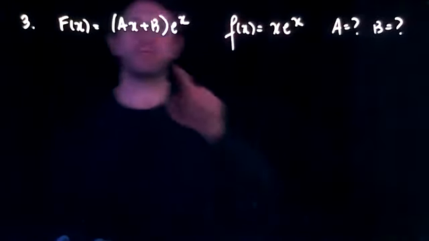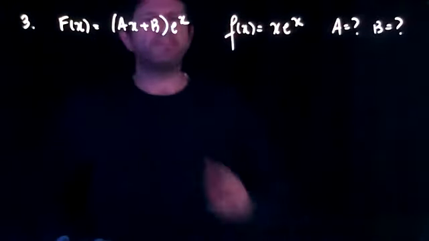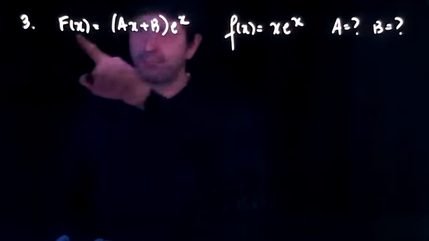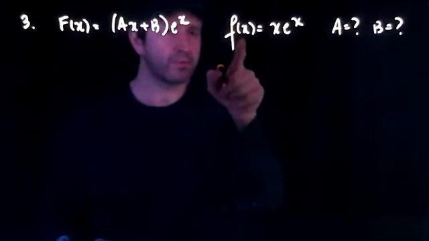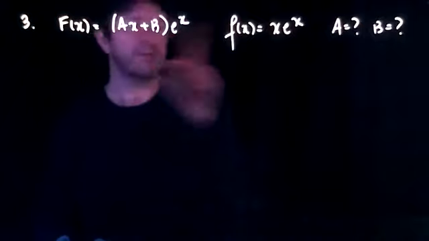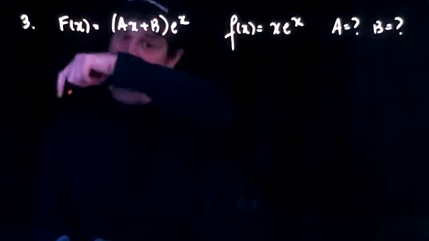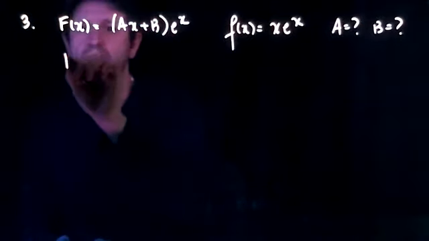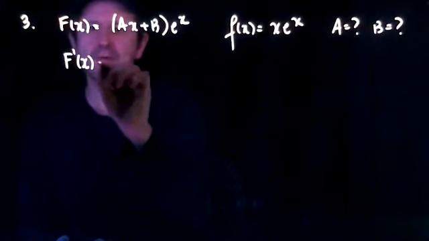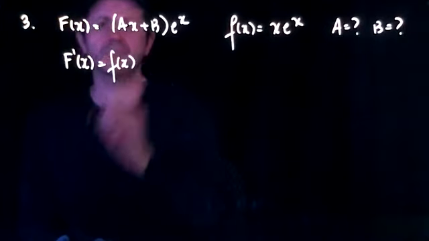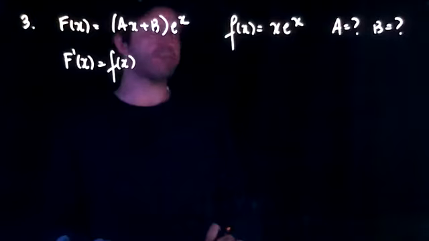Okay, so basically we know that big F is the antiderivative of small f. In other words, small f is the derivative of big F. So big F of x prime is equal to small f of x, and that's what I have to solve.